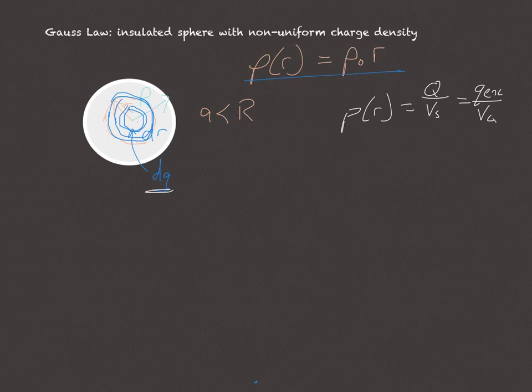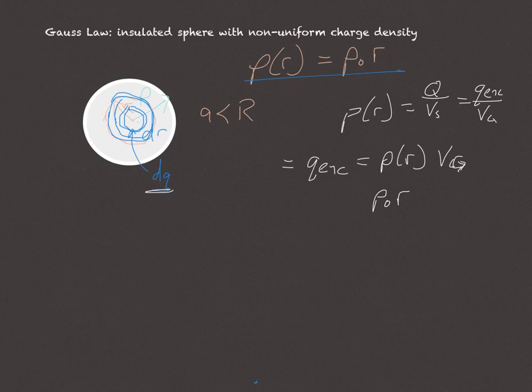So I'm going to solve for the q enclosed. Now, we are going to replace the function of the density with what it is. So that's going to be rho naught times r.